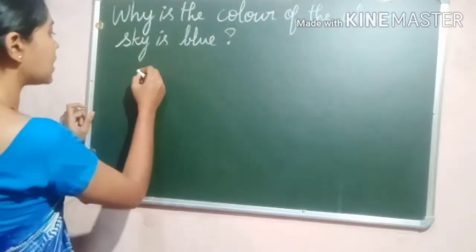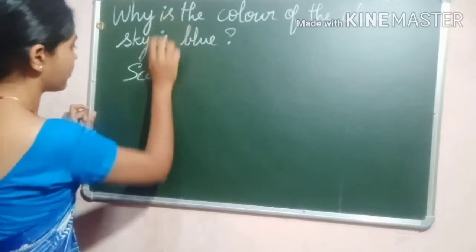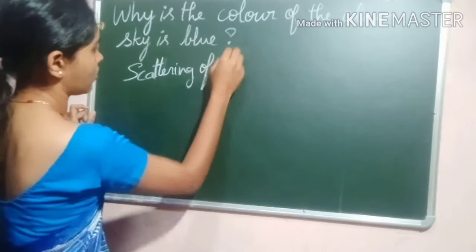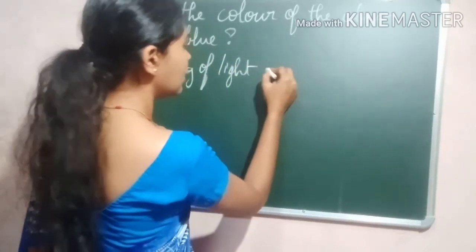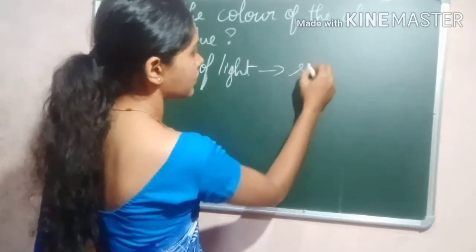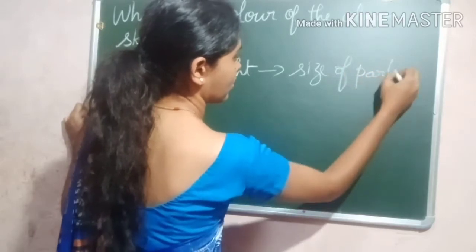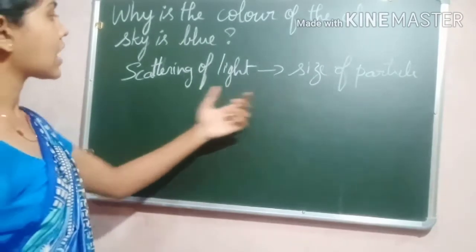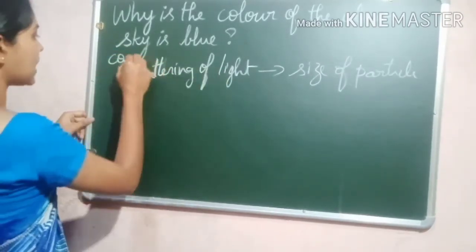We know that the color of scattering of light depends on the size of the particles.